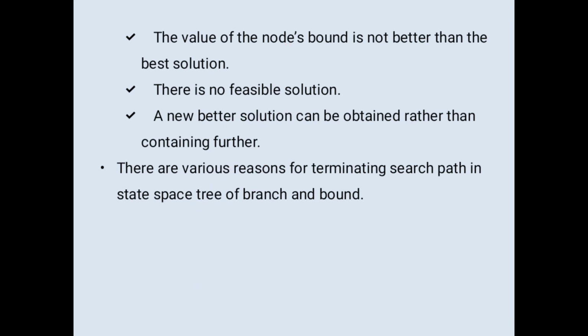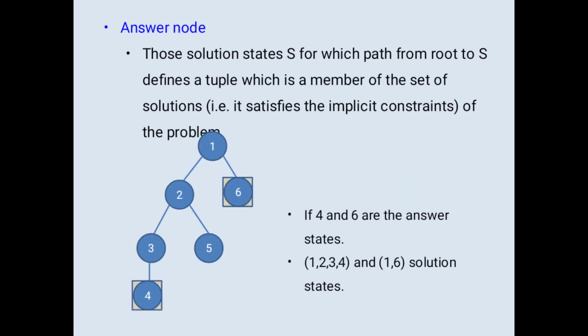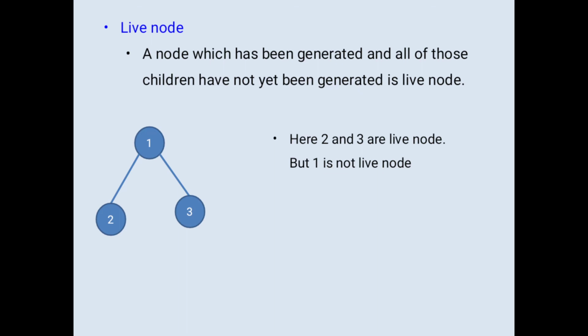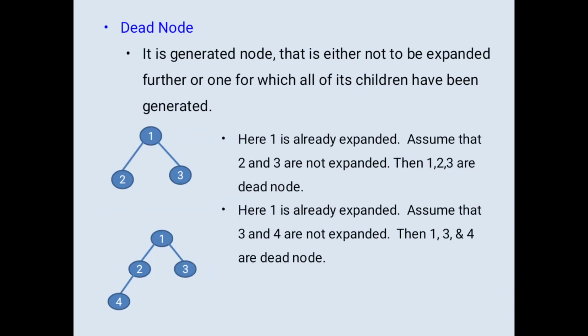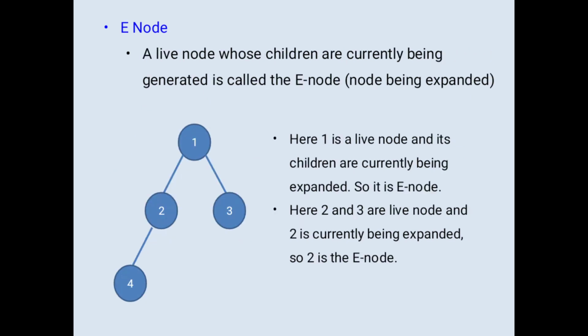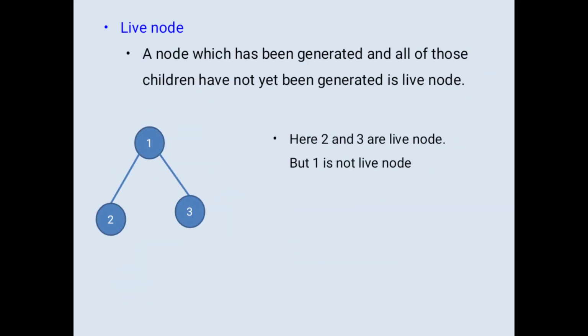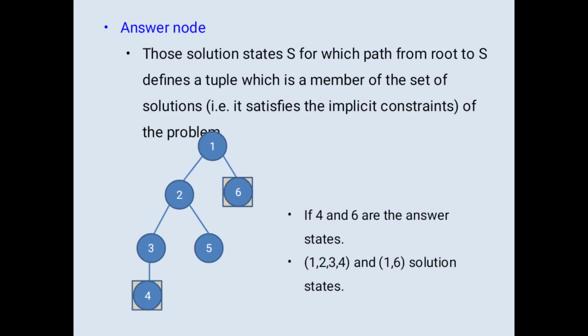Here there are so many kinds of nodes: answer node, live node, E-node, and dead node. These are the nodes referred to in a state space tree. The first one is the answer node. What is an answer node?